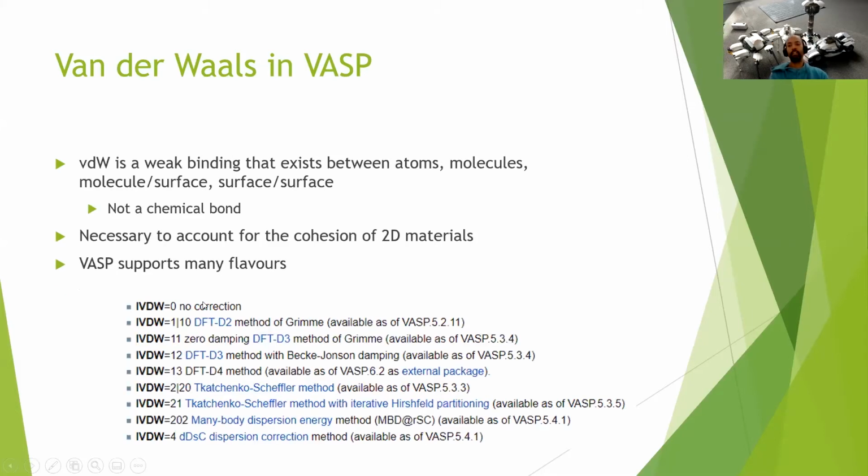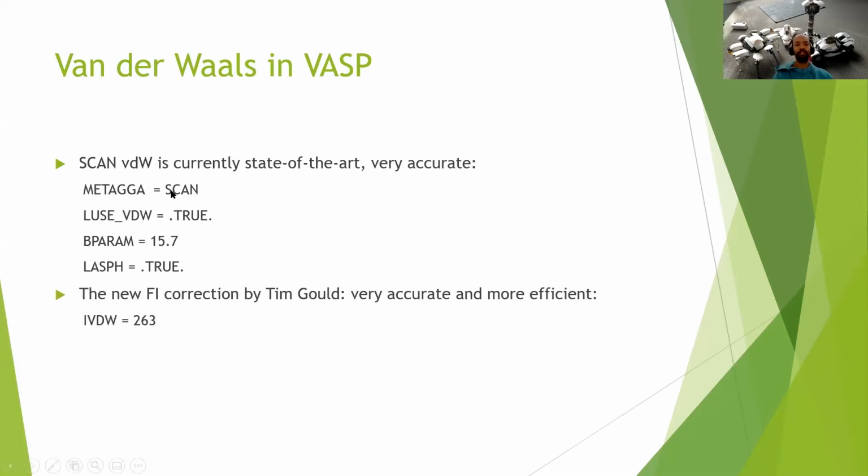It's called the VV, Vydrov-Van Voorhis interaction, and a special version of it, which has been optimized along with the meta-GGA SCAN and has been shown to be extremely accurate. So that's the state of the art, an extremely accurate van der Waals interaction that covers not only 2D materials, but metals, semiconductors, molecules, a large range of systems.